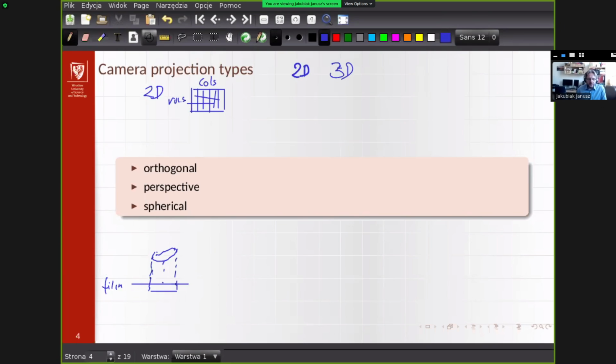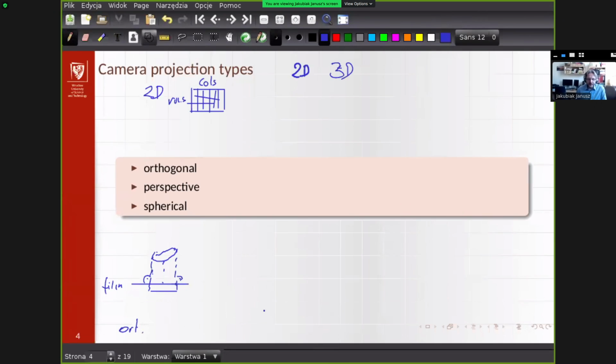There are always right angles here. It is a very useful type of projection that makes all the analysis very simple, but in fact it's not easy to get. Only in certain conditions, for example with a telelens, can you get something that can be interpreted as the orthogonal projection.